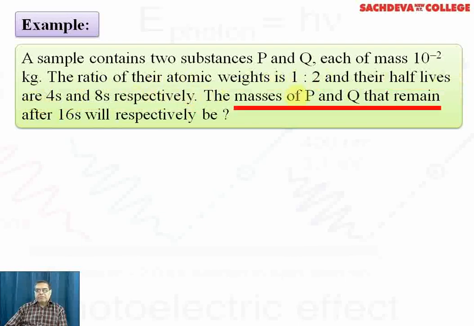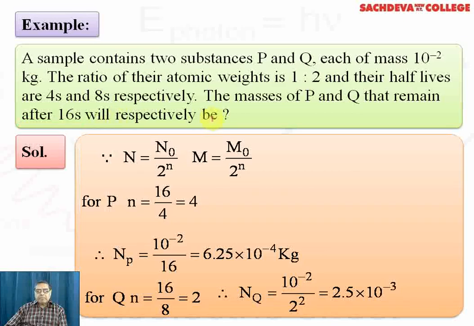The masses of P and Q that remain after 16 seconds will respectively be, so how much is that value, the masses of P and Q after 16 seconds. So we have to again go through the general equation, which is written as n is equal to n naught over 2 to the power n. And this can be taken in terms of mass because capital N is proportional to m and n naught is proportional to m naught.